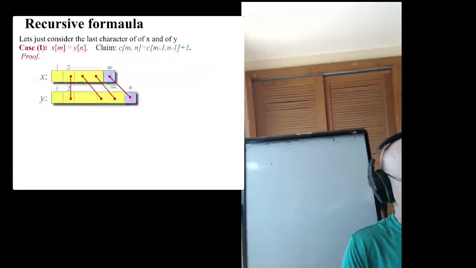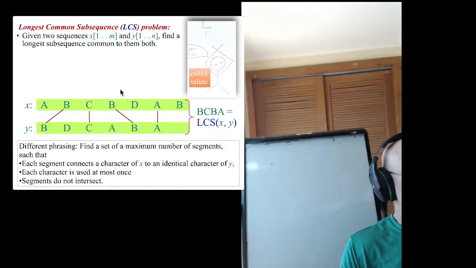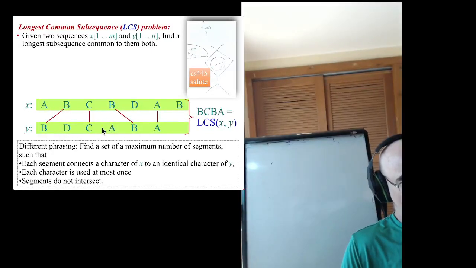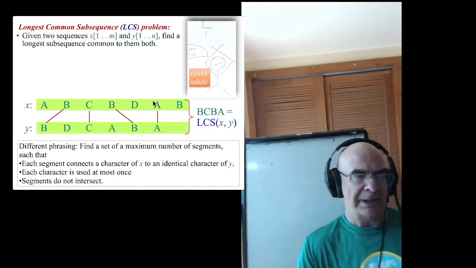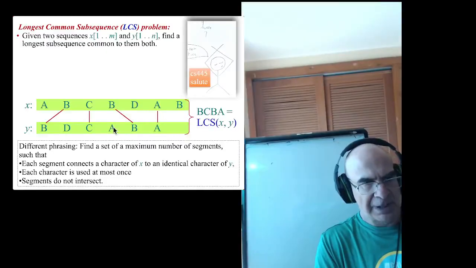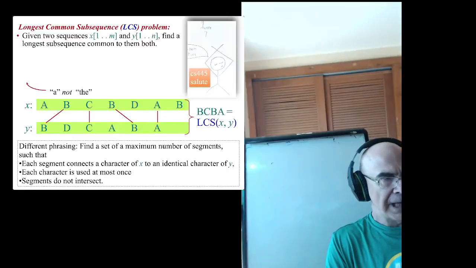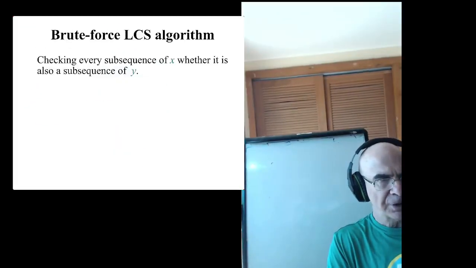LCS, to remind you very quickly, is the longest sequence of segments that you can fit between a sequence X and a sequence Y. You have a set of characters on X, you have a set of characters on Y. You want to delete some characters from X, so you're left with a subsequence of X. You're not changing the order of any two characters of X. You're not changing the order of any two characters of Y, but once they are left, there is a one-to-one matching between them. And you're asking, what is the longest such sequence?